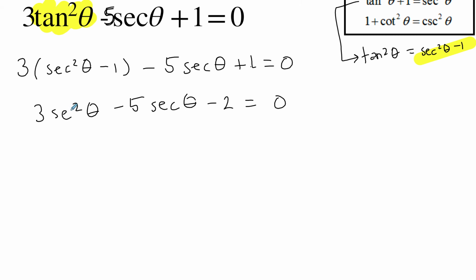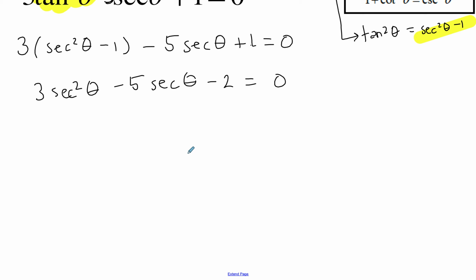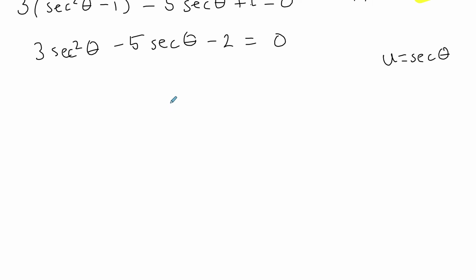Okay. So I have this expression, which by now, if you've seen the previous videos where I solved trigonometric equations, you should recognize, well, this is a quadratic in terms of secant. And if you want, you can replace the secant with a u and then solve it as a quadratic, but I'm going to avoid that. There's enough about this that I've done before. So I'm not going to go into the details about how to find the two values.